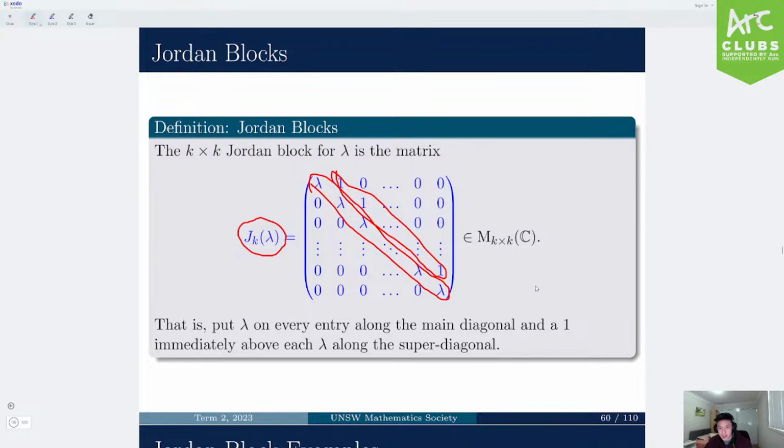Okay, and this is going to be a k by k matrix. Okay, so Jordan block, we just chuck in our lambdas on the diagonals, and immediately above our diagonals, called the super diagonals, we put in ones.